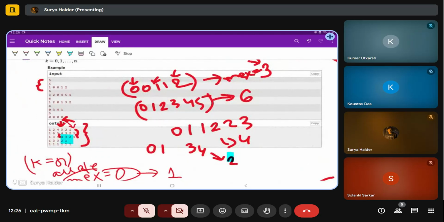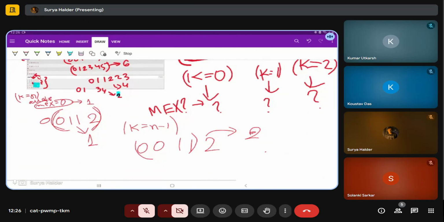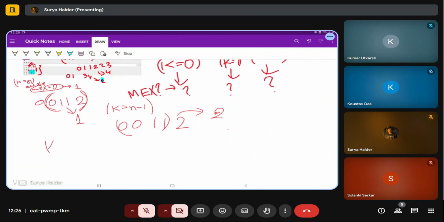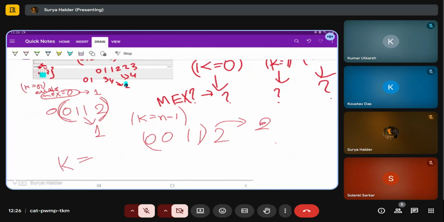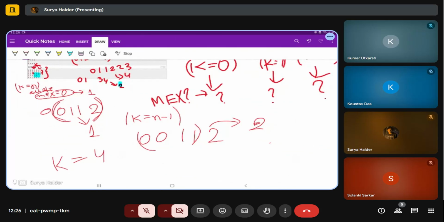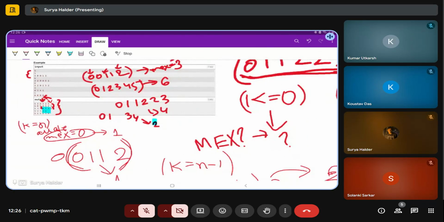Now for n is equal to 3. 0, 1, 2, 3, 4. Just one second. 0, 1, 1, 1, 2.